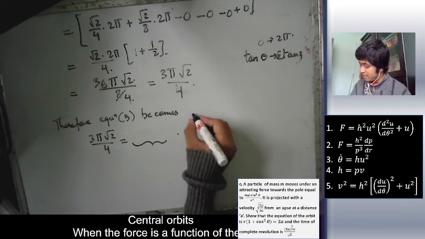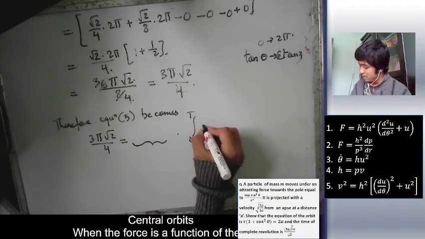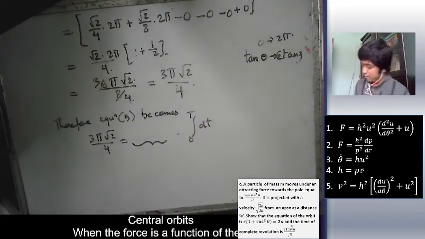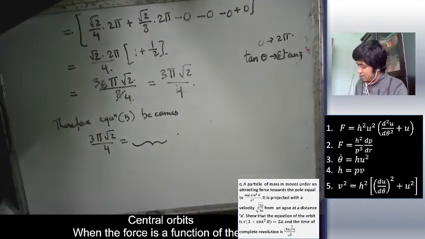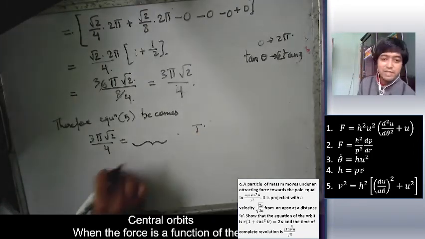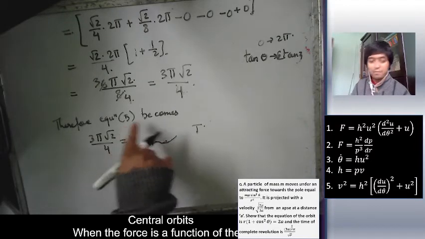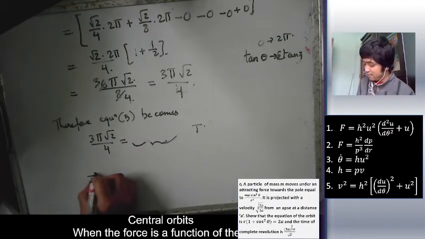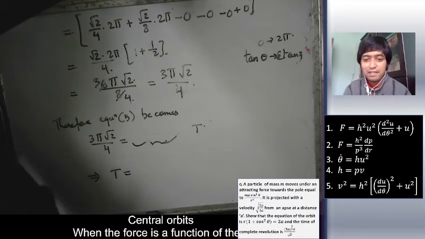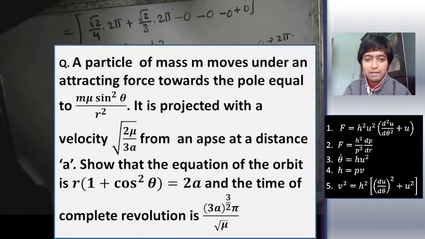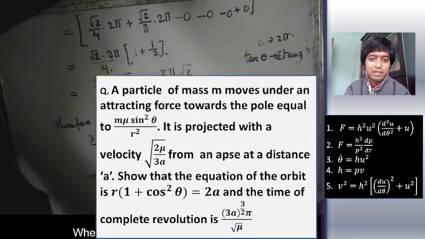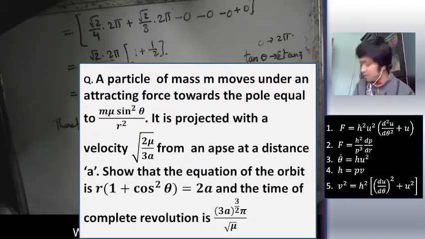Okay, and remember that the integral was from 0 to t dt, so it will actually turn into t. You just do a bit of simplification, putting the values over here that we have got from equation 5, and then you can just find out t. You will see that it will become that time of complete revolution. Okay, so t, you will be having 3 by 2 pi upon root mu.